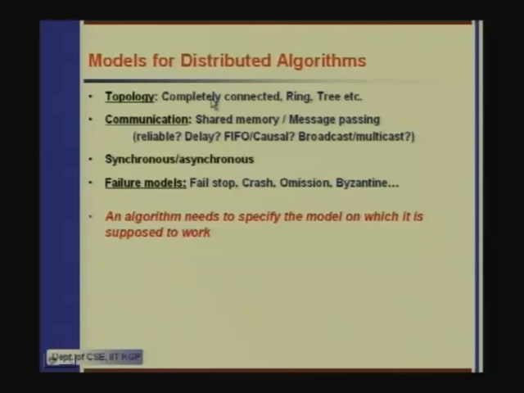So, even though the underlying topology is a LAN, where we assume that any node can send a message to any other node, the distributed algorithm might want to look at it as a tree, in which case it will only send messages along the branches of the tree.